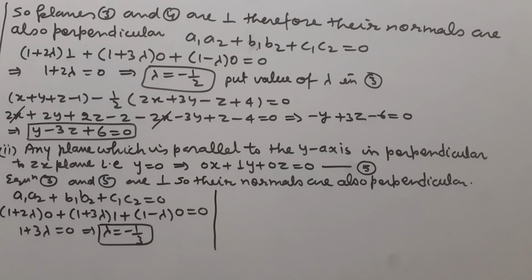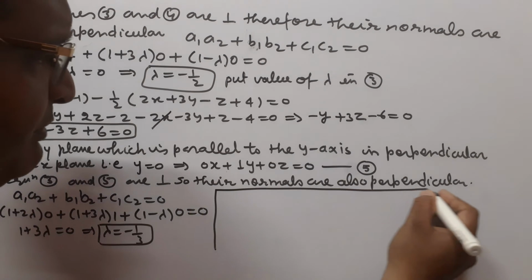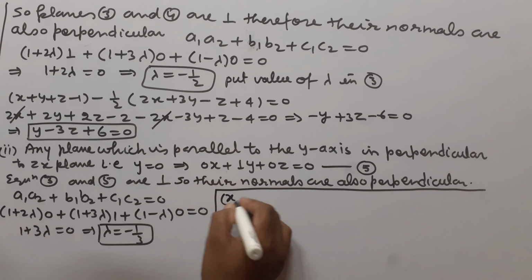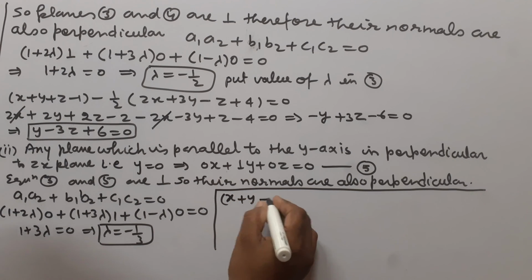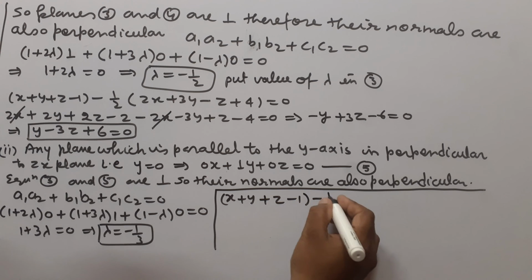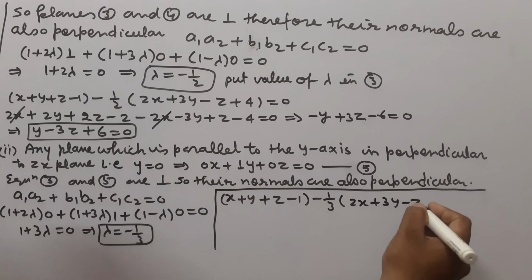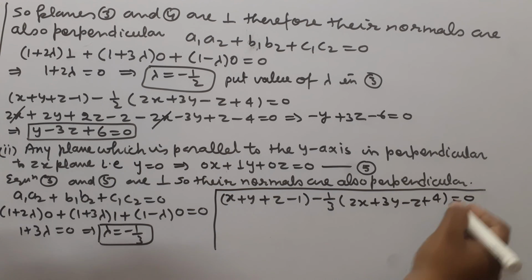Now we put the value of lambda in equation 3rd and get the equation of the plane. So we get x plus y plus z minus 1 upon 3, 2x plus 3y minus z plus 4 equal to 0.